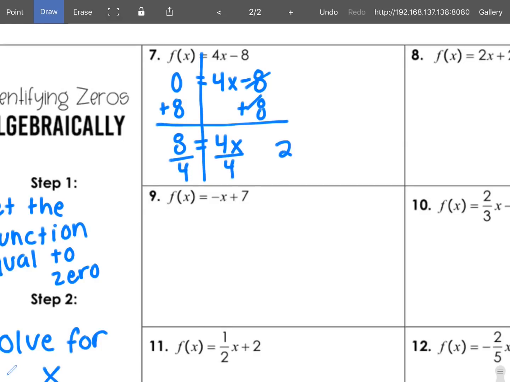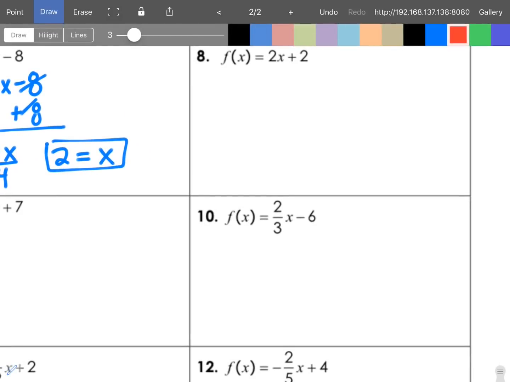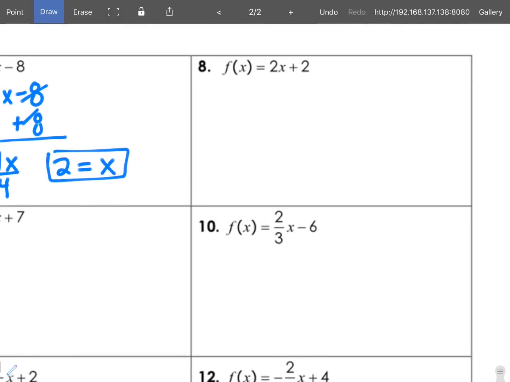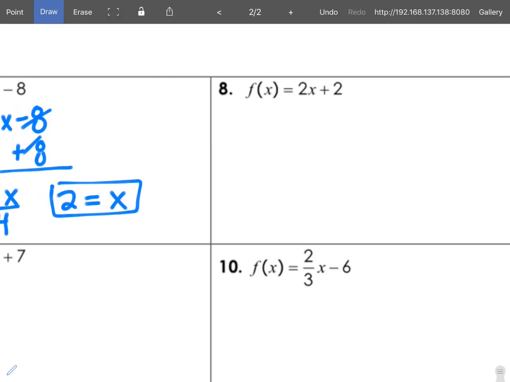So x equals 2. 2 equals x, or x equals 2. All right, let's try this one. So in this case, remember we always, the first step, set the function equal to 0 and then solve for x. So we're going to set the function equal to 0 so we can find our roots, or our zeros of the function.